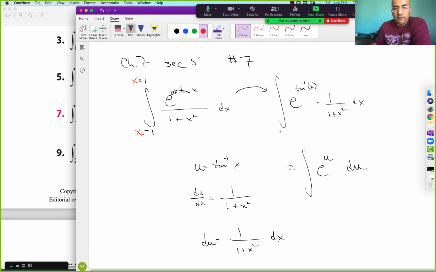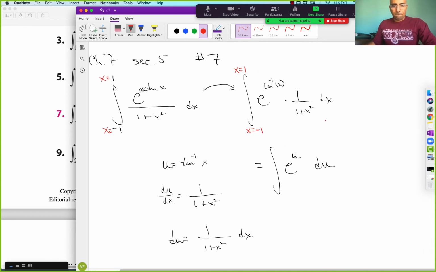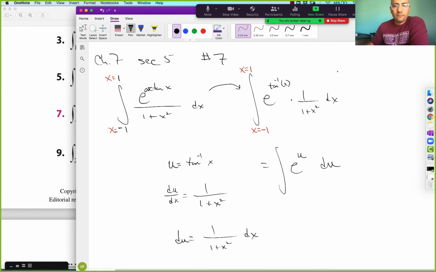So this is still in terms of x. But now when I want to do my substitution, I have to think about what happens at each one of these limits.